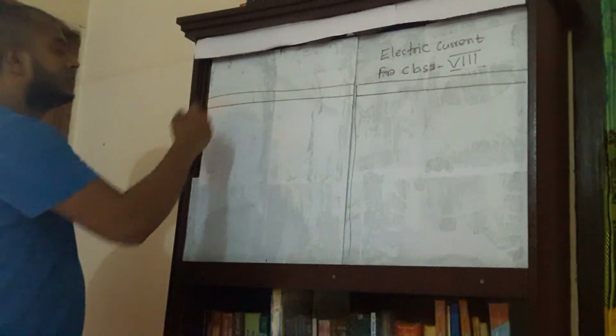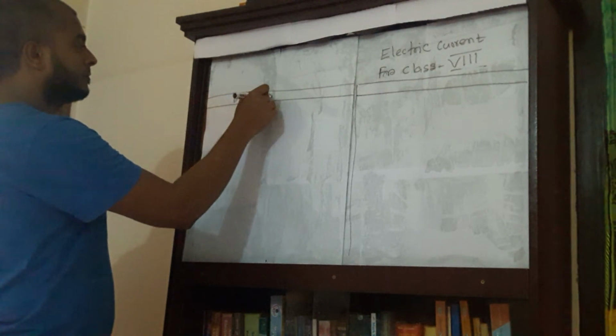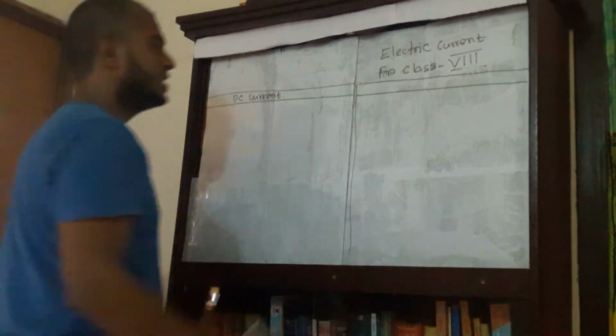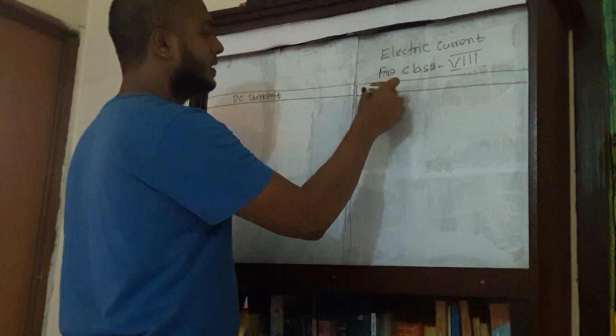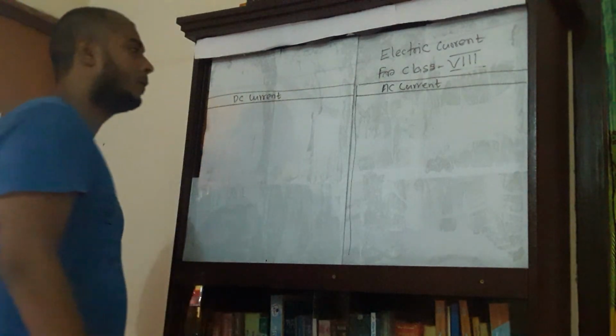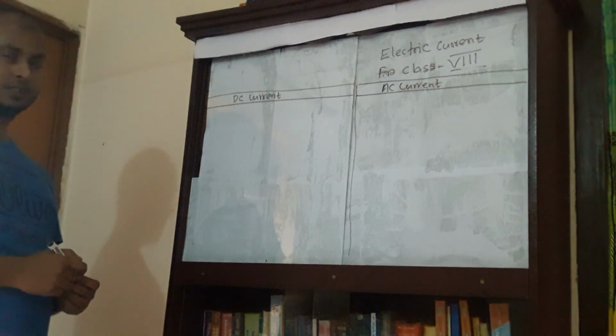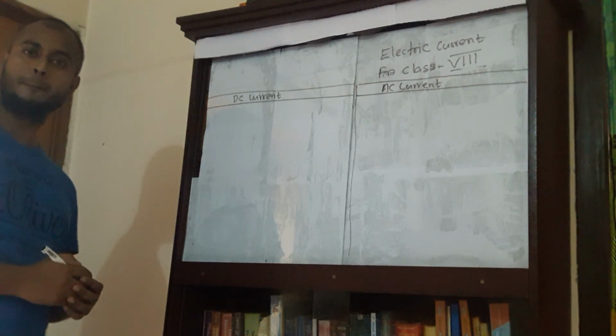In this column, this is DC current. In this column, this is AC current. Now, the first point here is the definition. We need to give the definition here.